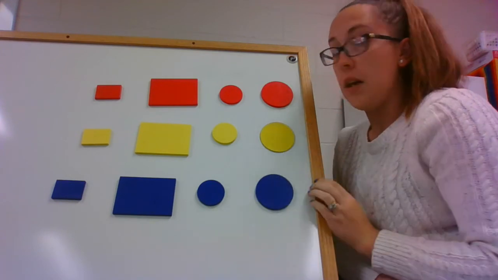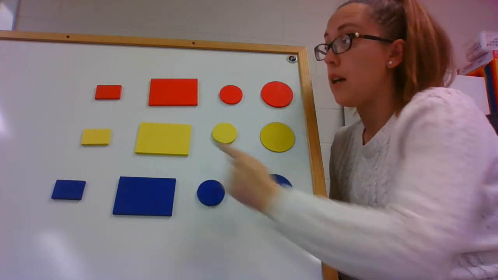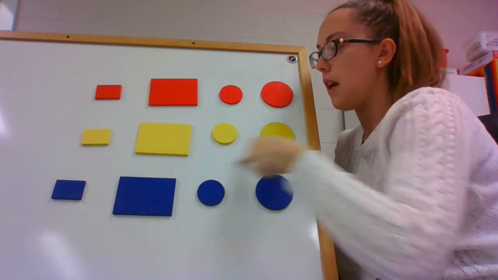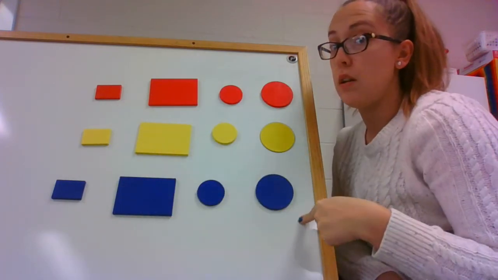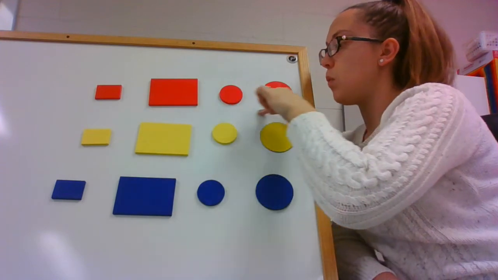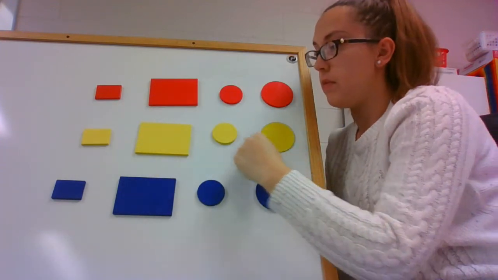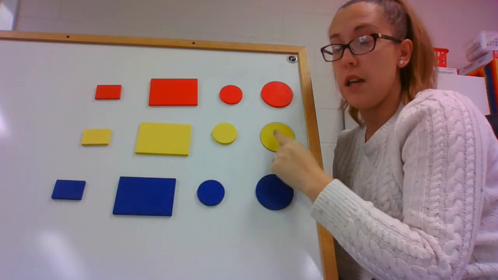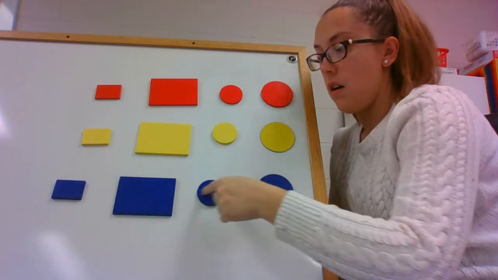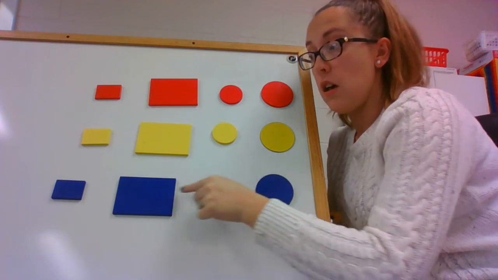So now that we look at it, we sorted them by colors, the red, the yellow, and the blue. So if someone asked, what is the same about this row? All the shapes are red. This one, all the shapes are yellow. And this one, all the shapes are blue.